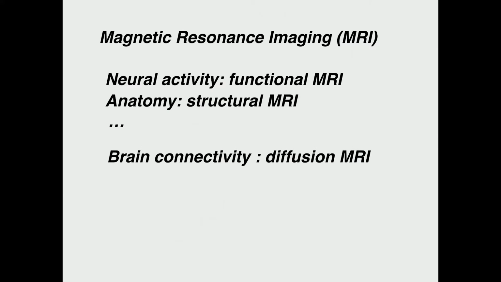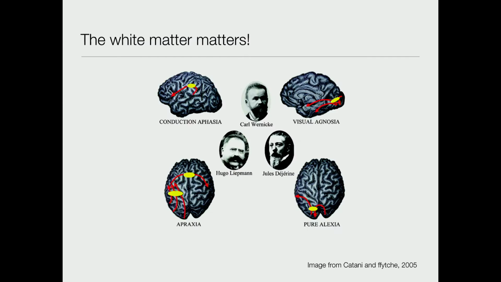So I'll go into a little bit more detail about how we make this measurement in just a minute. But first, I'll try to impress upon you that we think that the white matter matters, that it's actually important to make these measurements. And it's actually been accepted for a long time that there are many different kinds of situations in which people might have different kinds of disorders that come from disconnectivity.